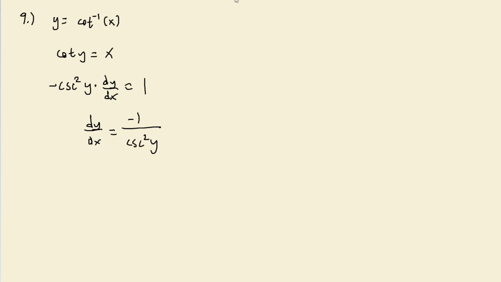And if you were to take 1 plus cotangent squared of theta, cotangent squared of theta would be cosine squared of theta over sine squared of theta. And if we're adding 1 here, that would be the same as adding sine squared of theta over sine squared of theta.